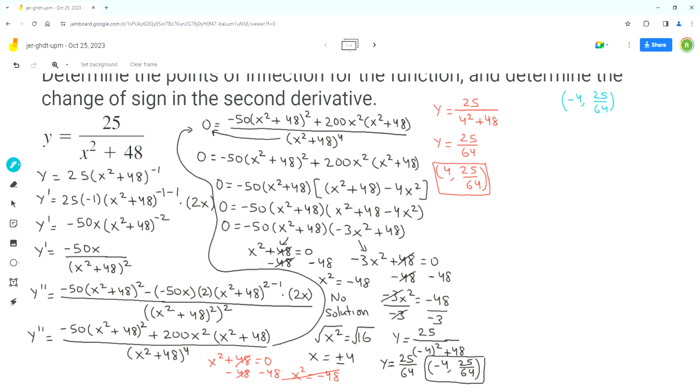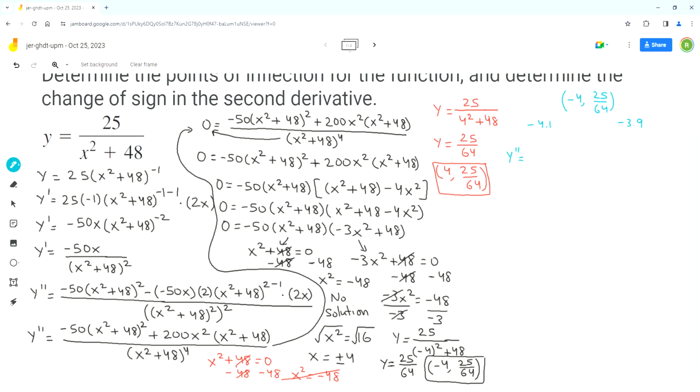So we'll use the y double prime equation. For the left side, we can use the x value as negative 4.1, and for the right side we can use negative 3. So we can sub in these x values one by one in the y double prime equation.